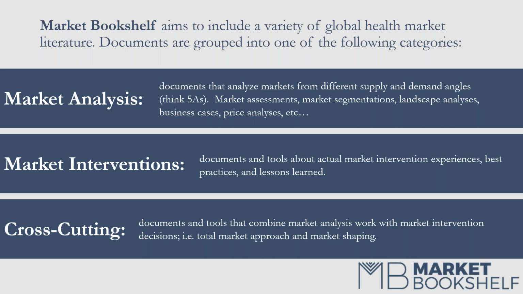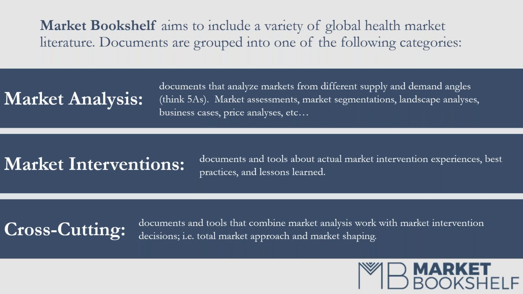There's always a range of terminology, whether we're using the term total market approach, market shaping, or market dynamics. What is in common is that we in the global health community, no matter whether we're focused on one particular market or geography or another, are all ultimately thinking about getting the right product to the right people. And so we're thinking about supply and demand.